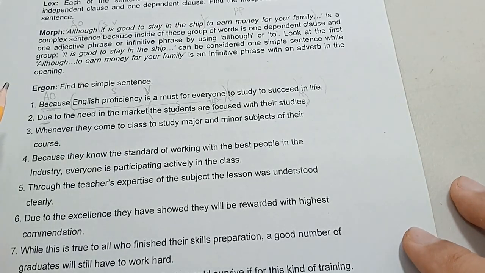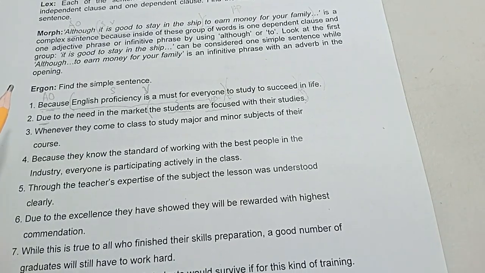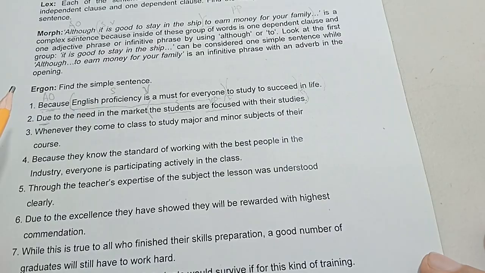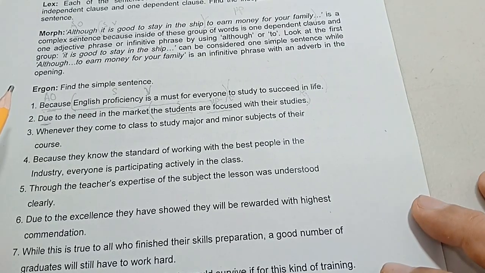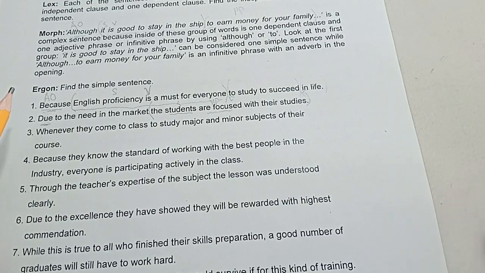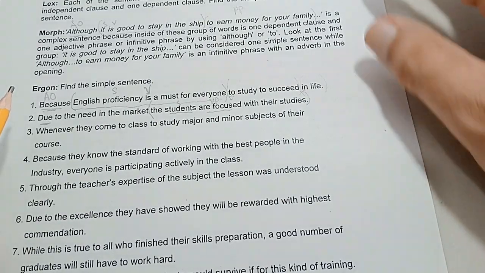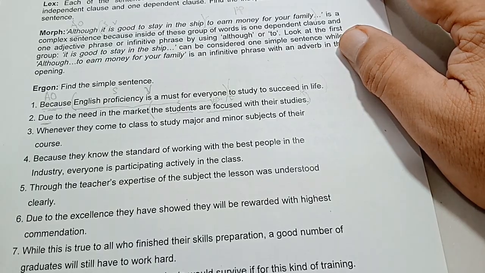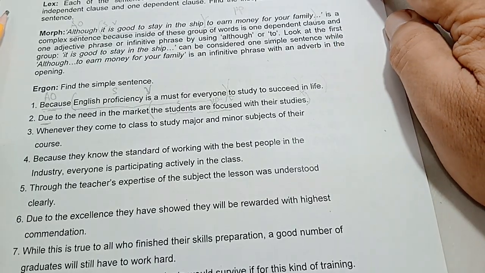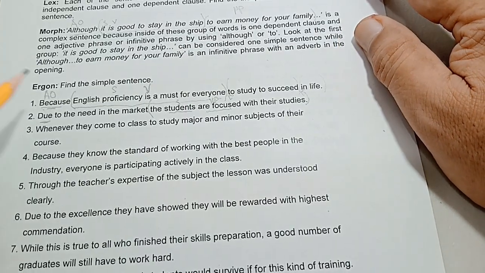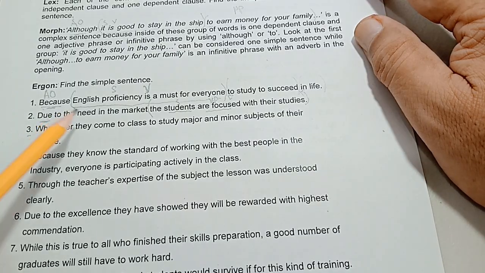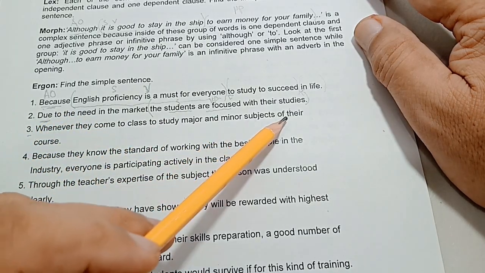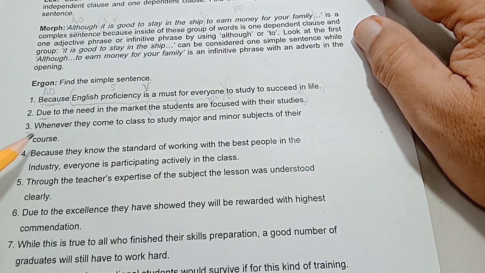Isa siyang product or afterthought or reasoning out na galing sa isang probably premise. Pero ito na number 3, whether they come to class to study major minor subjects of their course.